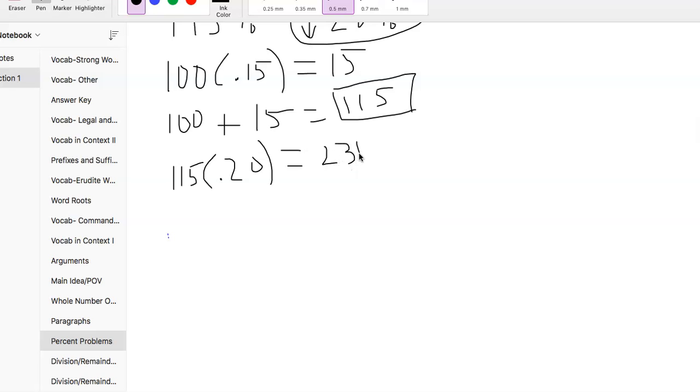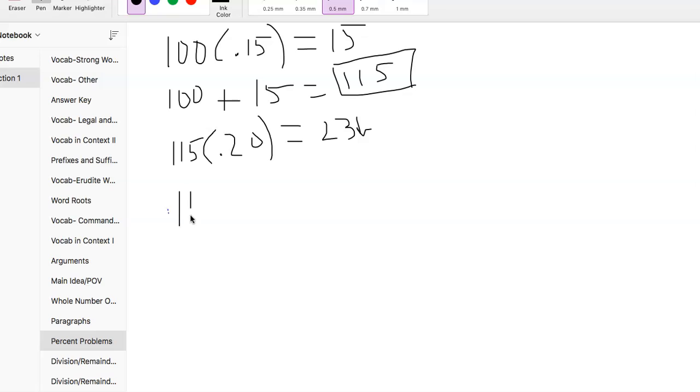So now it went down 23. If we do that calculation, 115 minus 23 is 92. That's our final one, that's where we stand after 2 months.